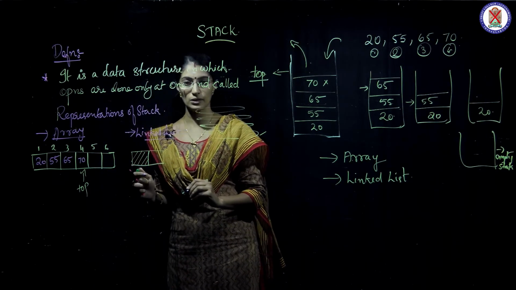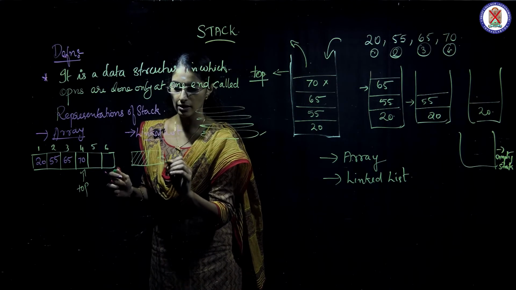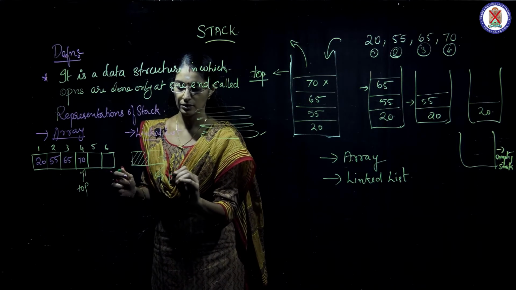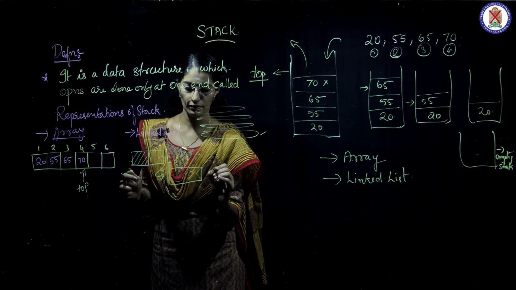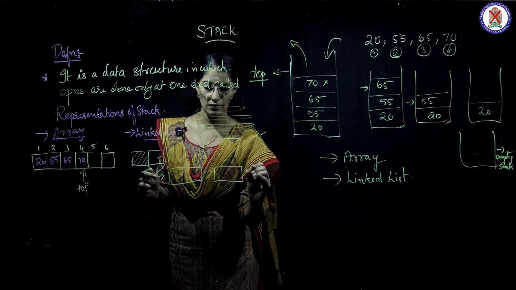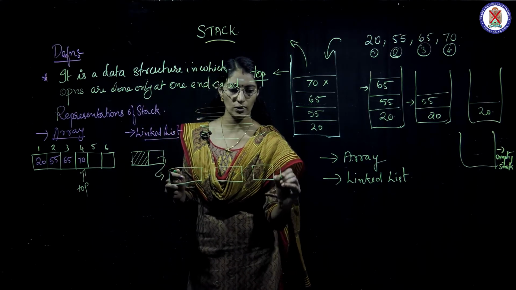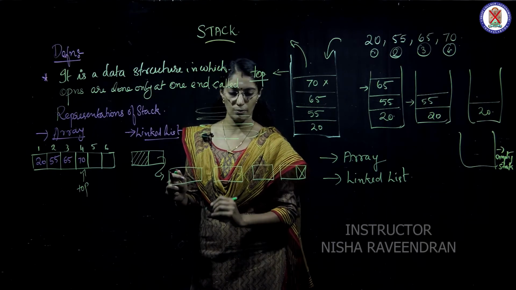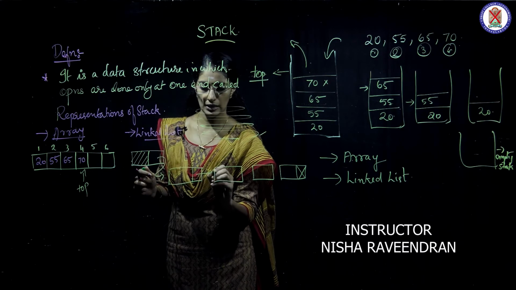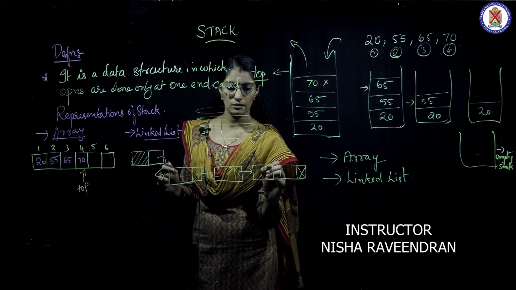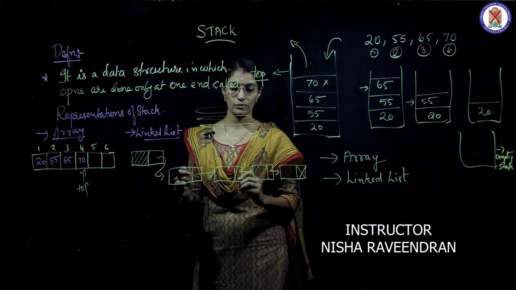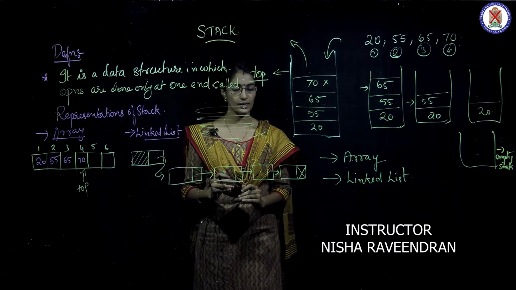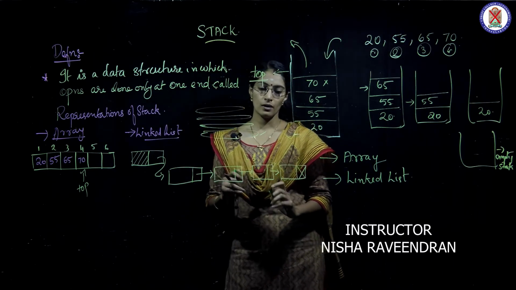Naturally, the data part is empty, it only contains the link part, and you have the linked list here. We have only 4 elements, so I take only 4 nodes, and the last node naturally is empty. Let me draw the link. Now placing the elements in this, and that is the difference here.